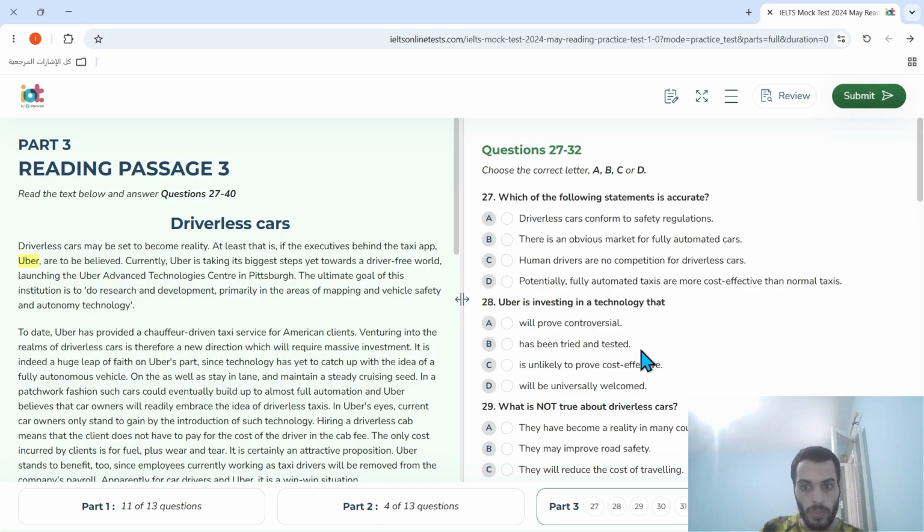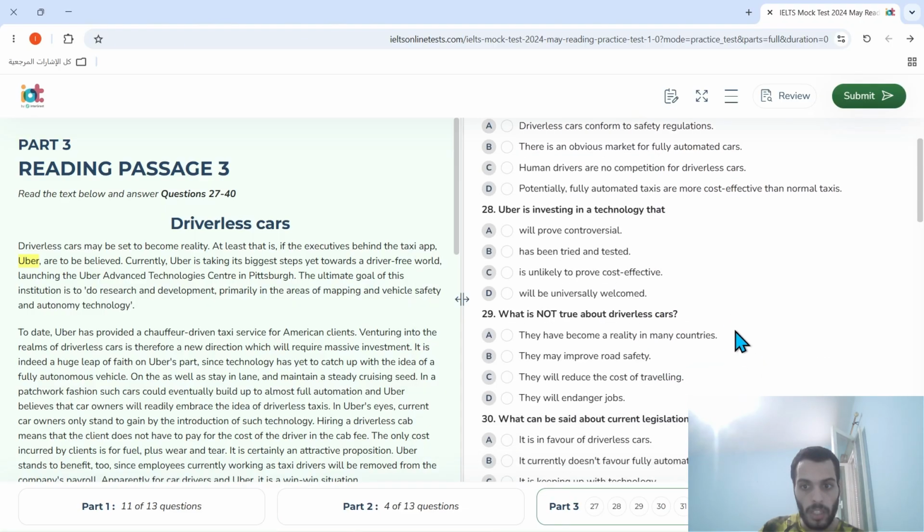What is not true about driverless cars? They have to become a reality in many countries. They may improve road safety, they will reduce cost of traveling, they will endanger jobs.